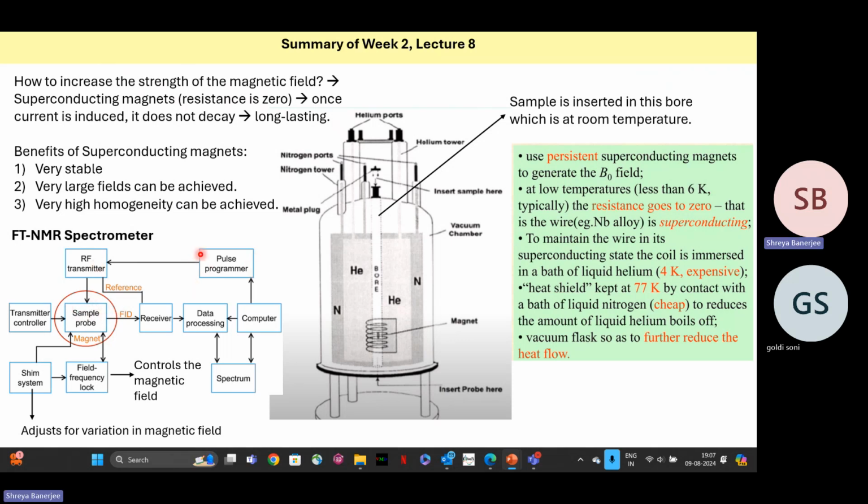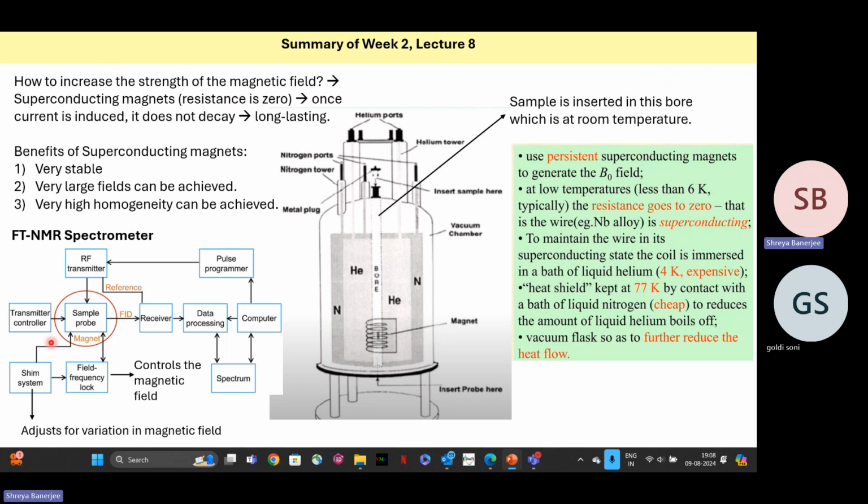The pulse programmer is basically telling the radio frequency source what value of radio frequency, or what energy of radio frequency, should be supplied to the sample. The radio frequency transmitter, or RF transmitter, is supplying the radio frequency to the sample and exciting it. And the sample is already there in the magnetic field.